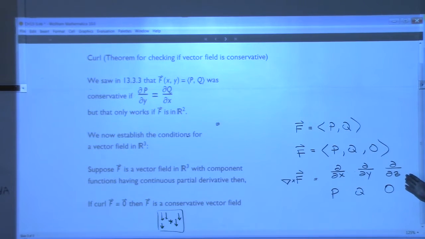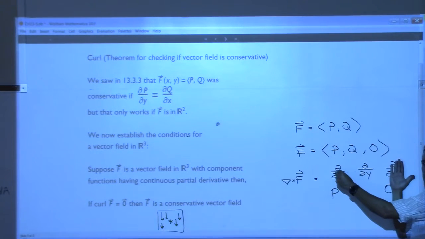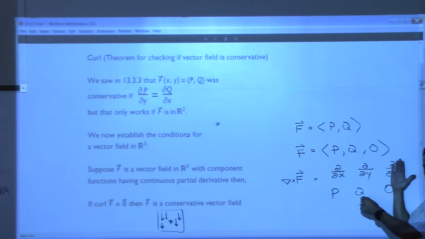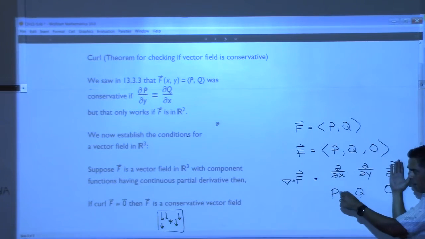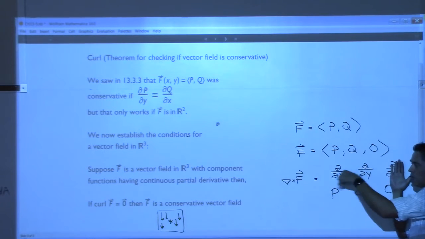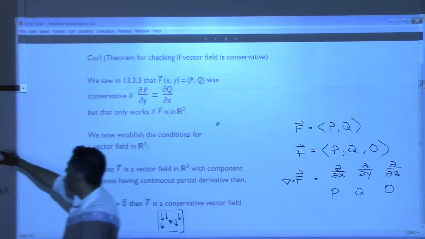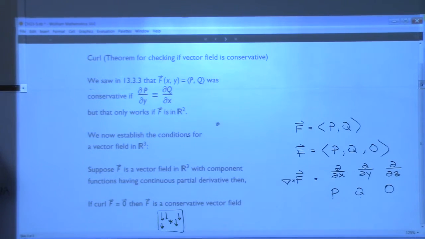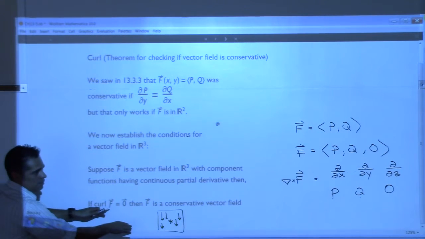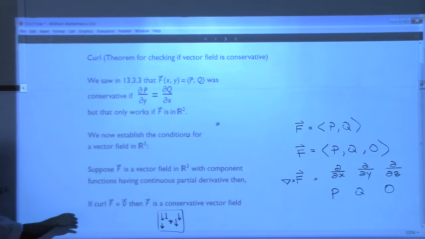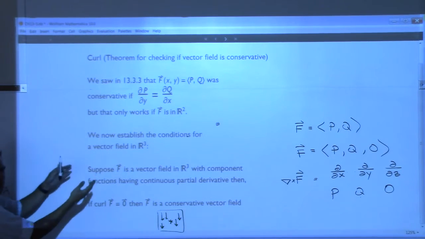So how do you get the z component after you do this cross product? You cover this up, right? And you do the partial with respect to x of Q minus the partial with respect to y of P, and you need, when you do that computation, that you get 0. That means they have to be equal to one another, which is where this comes from. So this actually comes from this right here. It's not the other way around. It's not like you did this and now we do this. It's this first.